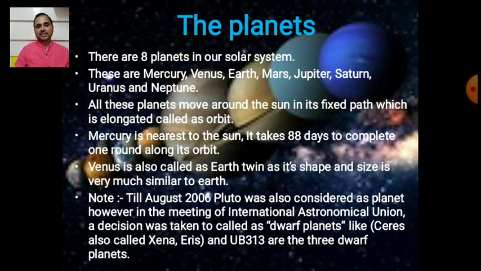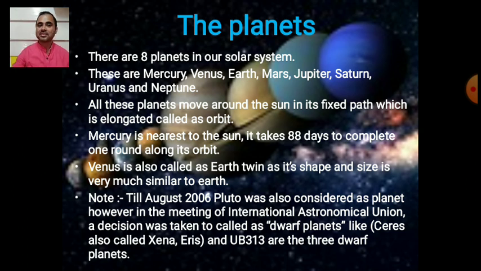All these planets move around the Sun in a fixed path, which is elongated, called its orbit.